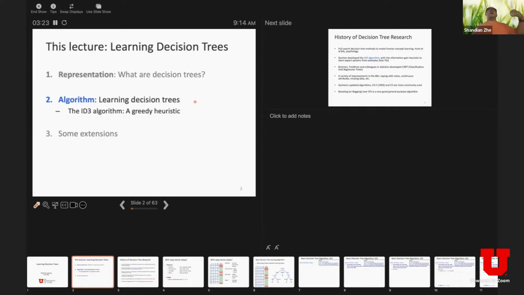And then when we arrive at an intermediate node, that means a subset of examples, we can pick another attribute to do a further split. Again, the branches represent different possible values that attribute can take. We just keep doing that until every subset of the examples has the same label. Then we can stop growing the tree. We can just create a leaf node and assign the label to it. That's the basic definition of decision trees.